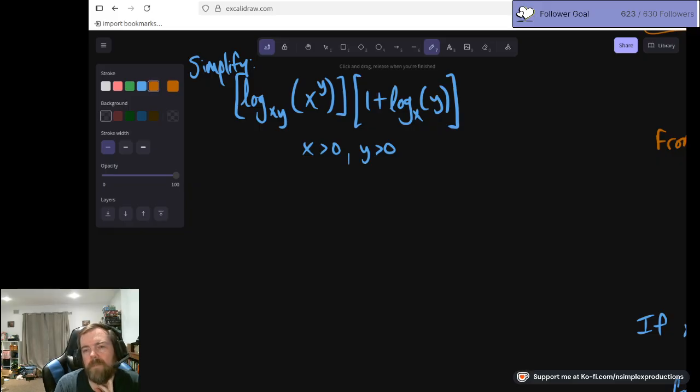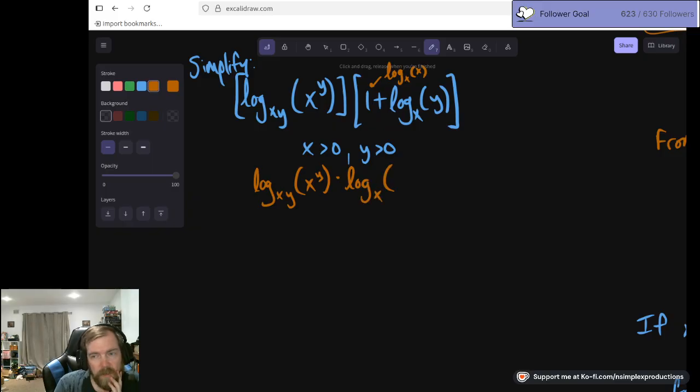Okay. I think we want to build these up first rather than breaking them down. So this is going to be log base xy of x to the y times this. 1 can be equivalent to log base x of x. So this is now log base x of, if we multiply the arguments together, we get xy.